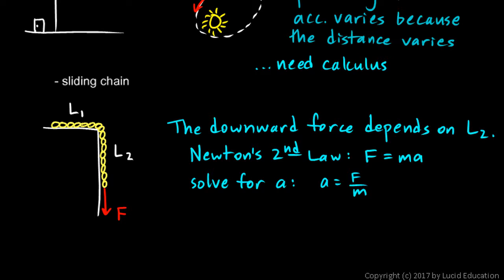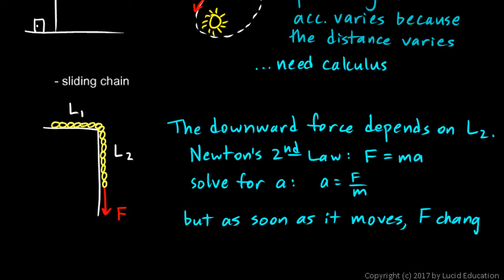Now the problem here is as soon as it moves, length 2 changes. As soon as it slides just one link, the amount of mass that's hanging over the side is bigger, so the downward force is greater. So this calculation immediately becomes obsolete because F changes as it moves. So I'll take a note of this. As soon as it moves, the force changes.